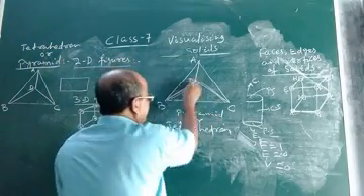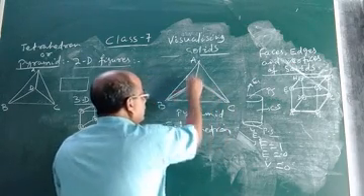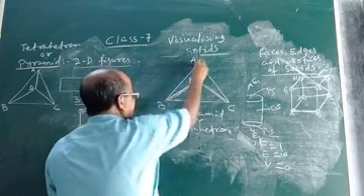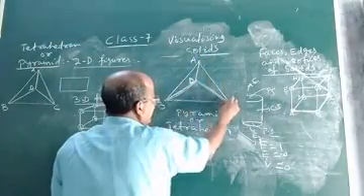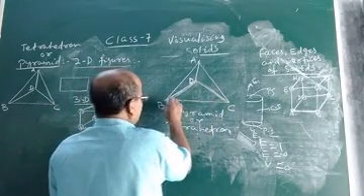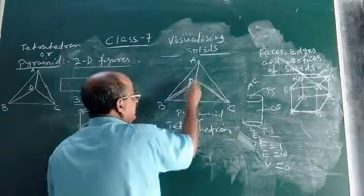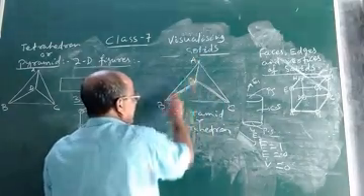And look, if this is the base, which is a triangle or a polygon, look at the face ABD, the face ACD, and the face ABC.